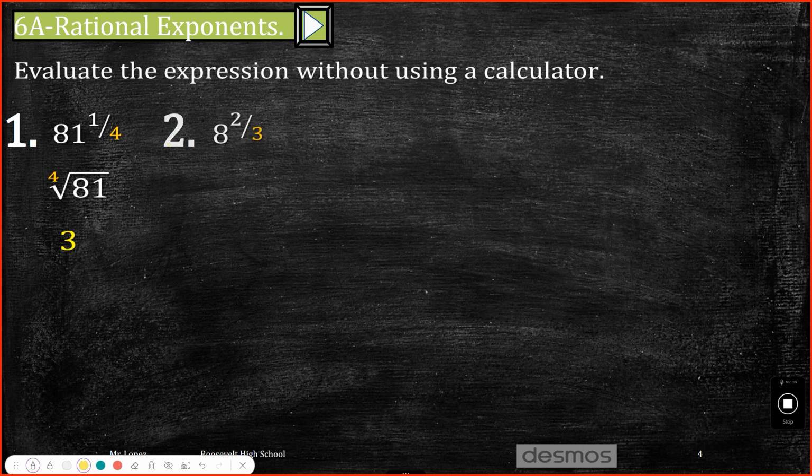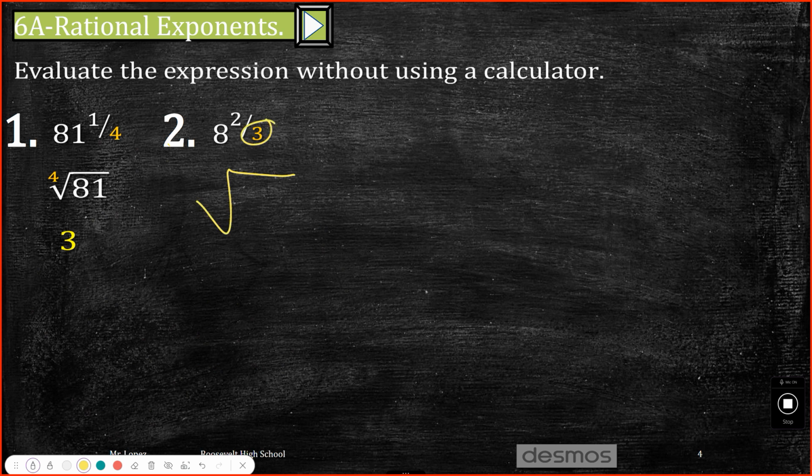All right, let's go. Number 2. The number in the denominator goes in the index of the radical.